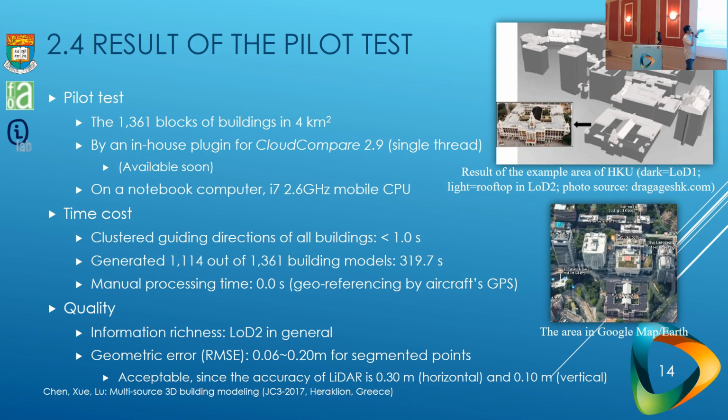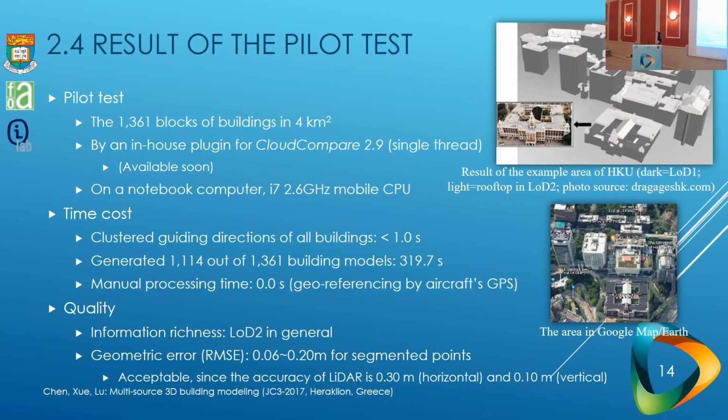And the clustering of all the directions is actually very fast, less than 1 second. And we do not need any manual pre-processing because the georeferencing was already done by the airplane's GPS and IMU sensors.